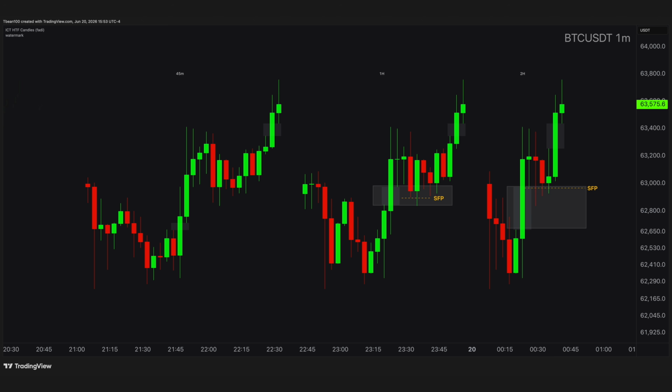And if you look closely, you will also notice this light swing failure pattern forming in this region as well. So overall, what we have here is the multi-imbalance and multi-swing failure concept working together. And this setup is now positioned to potentially take out the higher internal liquidity area above.